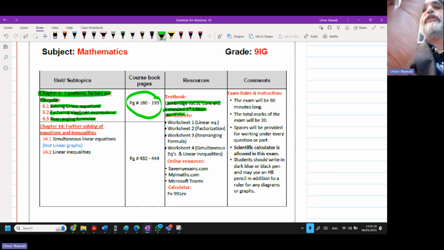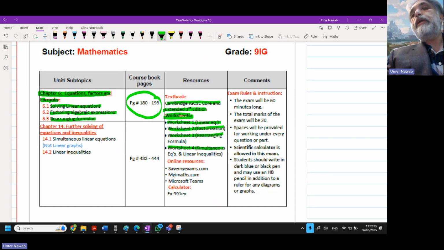Otherwise, the worksheets which were provided to you, worksheet number 1, 2, 3, and 4, will be helpful for you to practice all the questions related to this study list content.